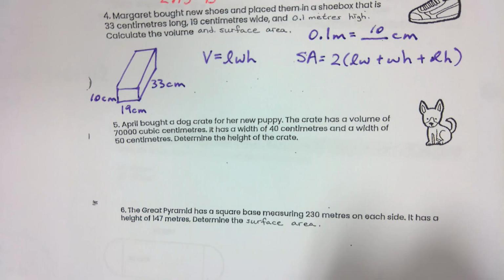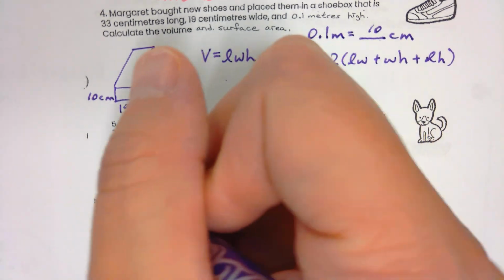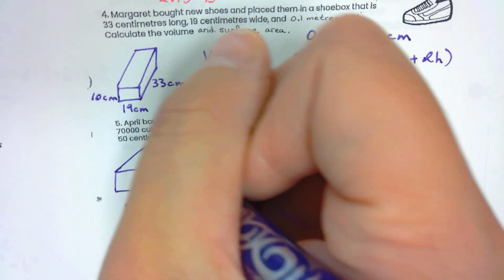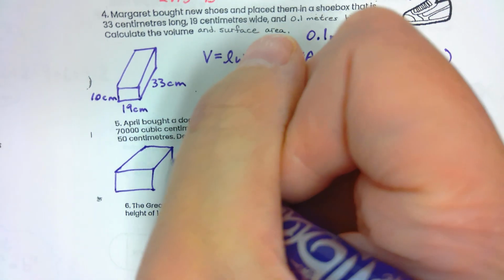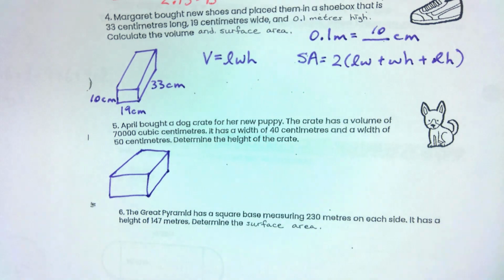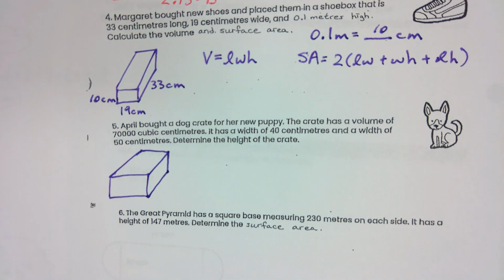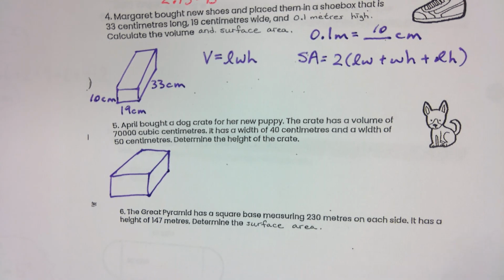Okay, so what shape is the crate? What shape are we talking about? A crate. Yeah, so a box, right? But we don't call it a box. What do we call it? The geometric name? Rectangular prism.